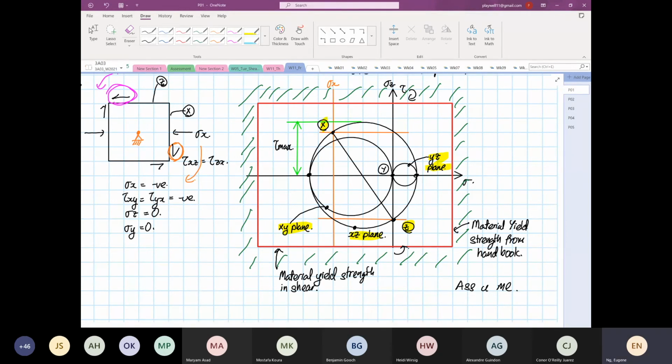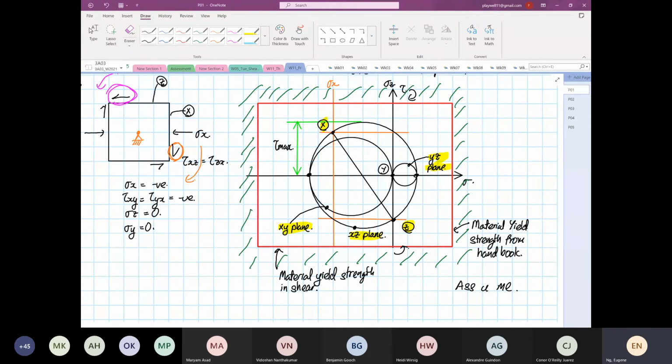Now, question for any of you. Is there any difference with our tau max using 2D Mohr circle and 3D Mohr circle? Is there any difference? Anyone? There's two more circles? No, but is there any difference with the tau max? Vidu-san, I know there's two more circles.